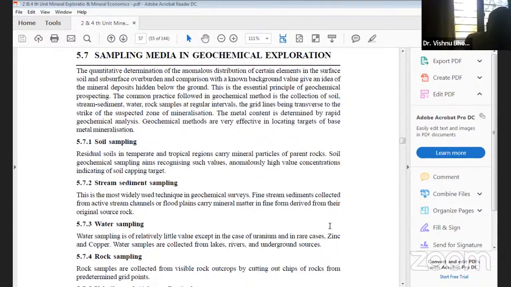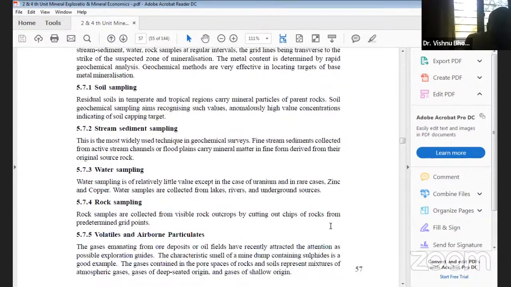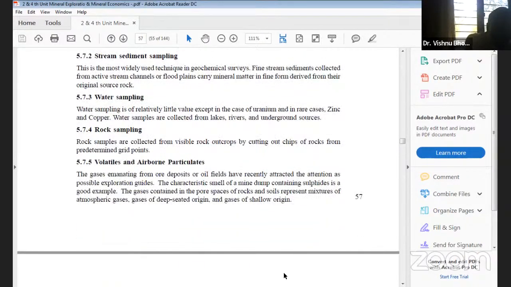Water samples also we need to collect, which are useful for detecting uranium and other mineral deposits. And rock samples, whatever outcrops are visible, we cut them out and collect the samples.